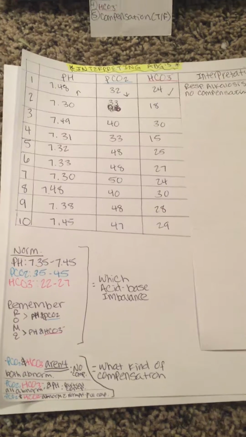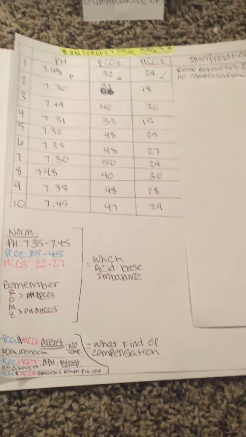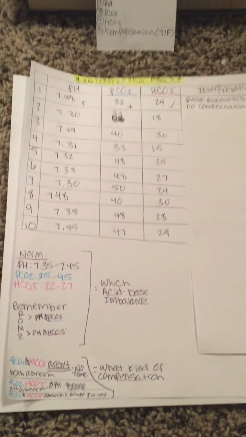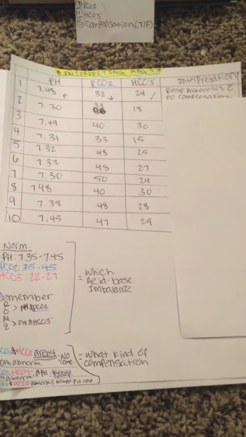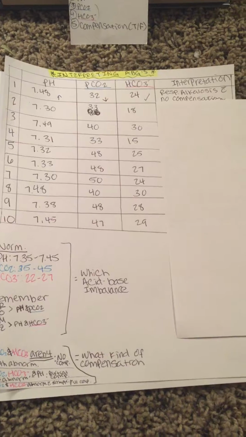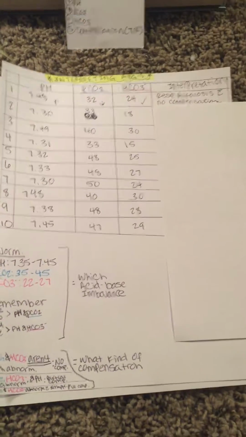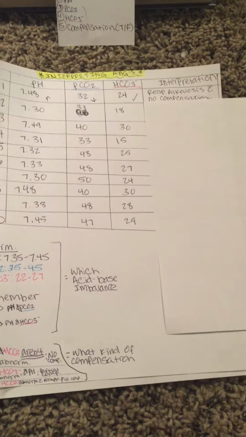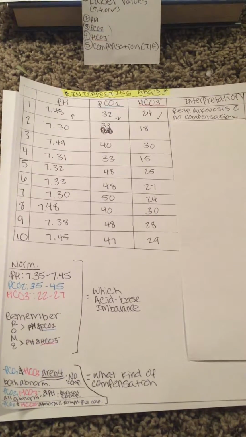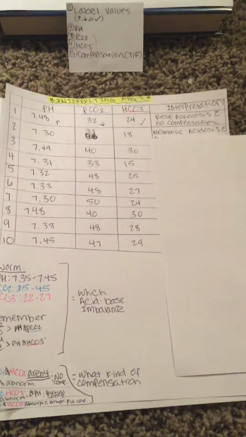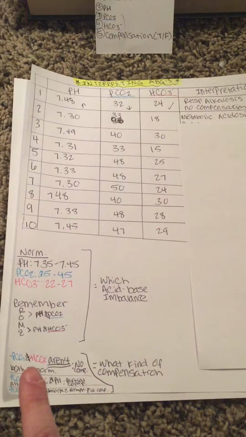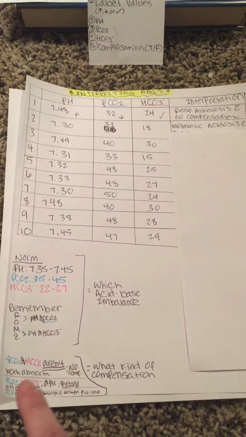Okay, so number 2, pH. What is it? Yeah, it's low. And your PCO2? Low. And your bicarb? Low. Metabolic acidosis. PCO2 and HCO3 aren't both abnormal.